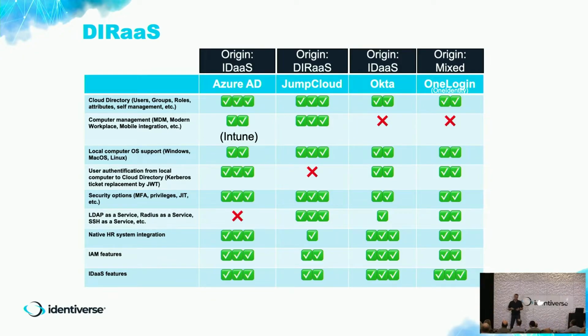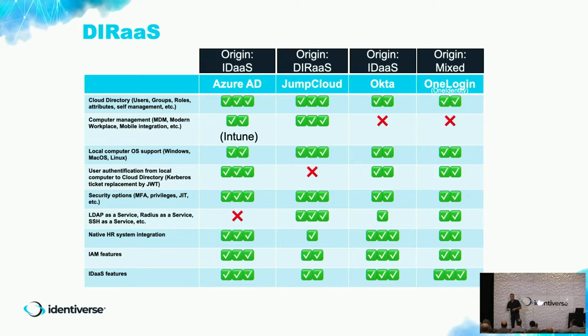So Microsoft made a decision to not include the computer management directly inside Azure AD. So they provide another piece, which is named Intune, or whatever they call it right now. So the idea here is really to have the computer management in a separate solution, which is Intune. So Azure AD is providing directory as a service plus IDaaS, depending on the level of what you buy. And they are coming from the IDaaS world.